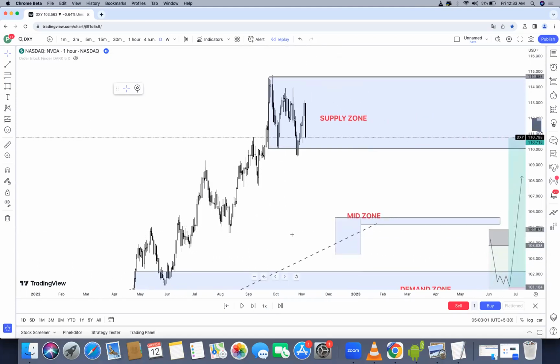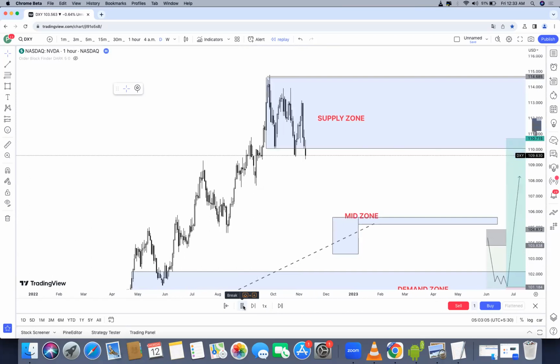Okay. The first thing we're going to notice is the breakouts. The first breakout happens here, and the second one here. You're not going to rush in by just pressing the sell entry right away. What you're going to do after the breakout is set sell orders, or sell limits, at the supply zone.